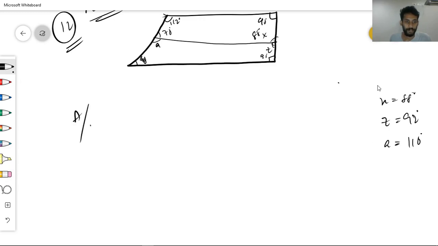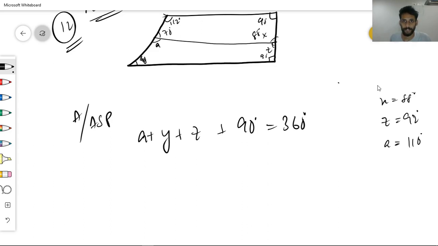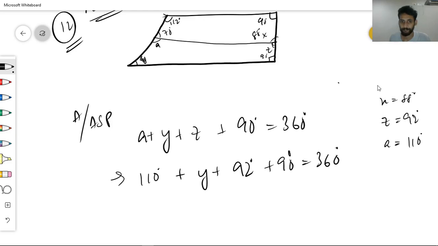Now according to the angle sum property, a plus y plus z plus 90 degree is equal to 360 degree, because this is a quadrilateral. So the value of a is 110 degree, the value of y we don't know, the value of z is 92 degree, plus 90 degree is equal to 360 degree. So y plus 292 degree is equal to 360 degree.